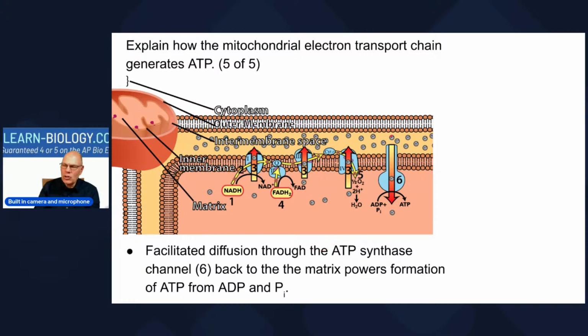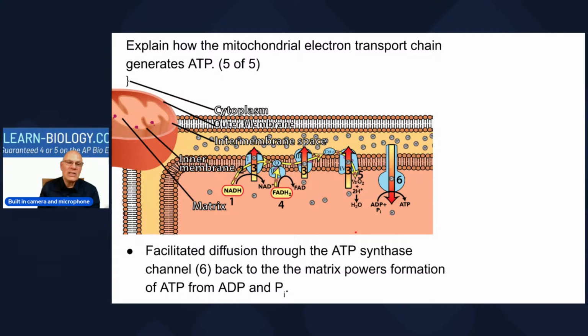The kinetic energy of diffusing protons through this channel is used to power the synthesis of ADP and P into ATP. It's called oxidative phosphorylation because oxygen is required for the electron transport chain, and the electron transport chain is required for this gradient, and this gradient is required for this facilitated diffusion that enables the synthesis of ATP from ADP and phosphate.